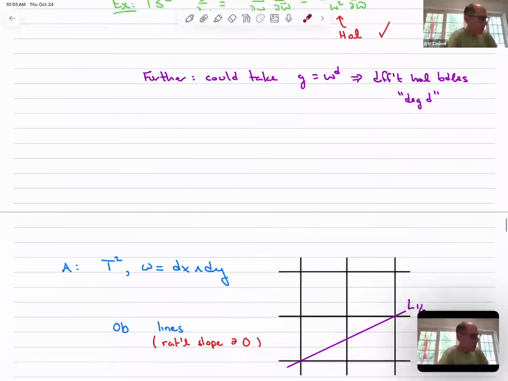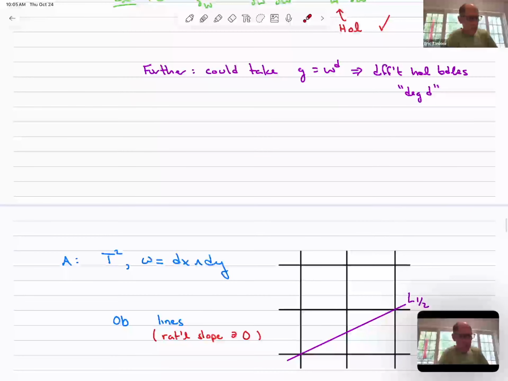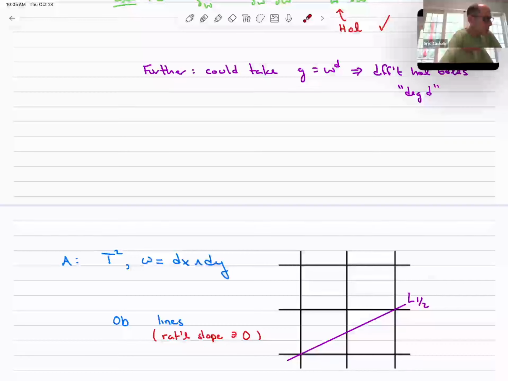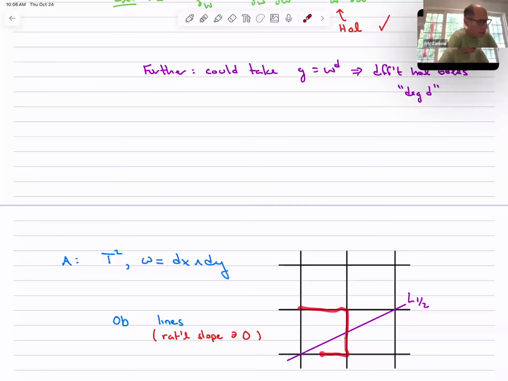So let's look at the A side, the one which is sensitive to the sizes. We have this 2-torus, and I'm going to draw the 2-torus as R2 mod the square lattice. So this is a fundamental domain. We're going to take the objects to be just straight lines.